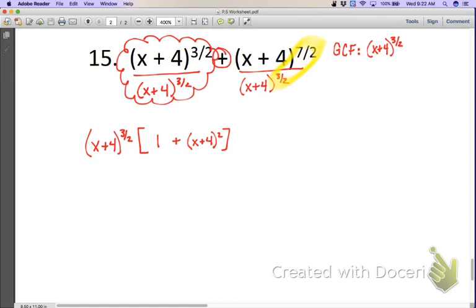Now I need to combine everything, so what is x plus 4 squared? How am I going to rewrite that? X squared plus 8x plus 16.